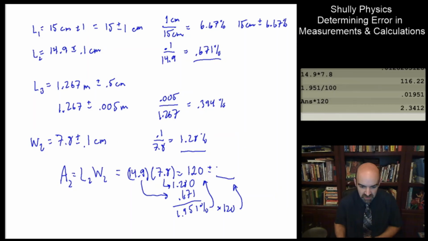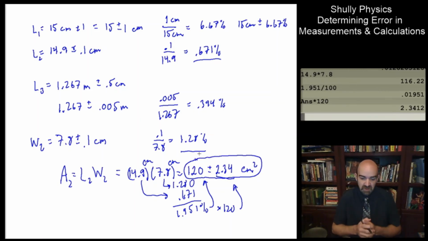So plus or minus 2.34. And this was centimeters times centimeters, so we should have centimeters squared. There we go. Okay, so keep your sig figs, add your percent errors, and apply that percent error to your answer, and that'll be it.